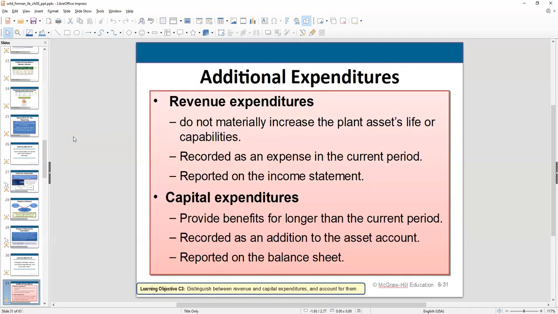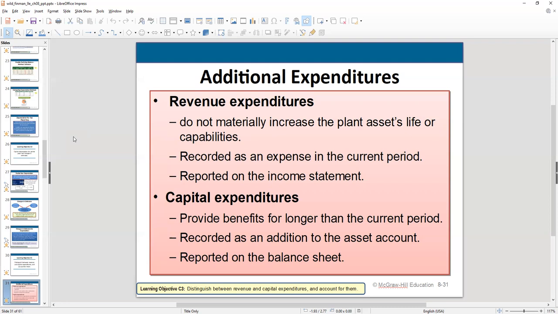Now, an important decision point, and this kind of goes with IRS tax law here. This just all got revised by the IRS about 4 or 5 years ago. You have revenue expenditures and capital expenditures.